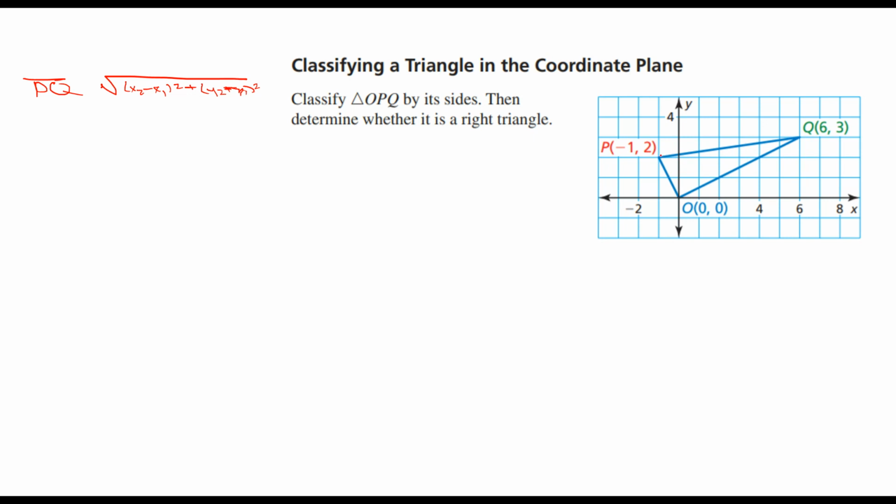You can compare the lengths just by making a right triangle on the outside of the side. So I'm drawing the right triangle right here between P and Q, and that's my right angle because it's on a grid line. And I notice that that is one square up and 1, 2, 3, 4, 5, 6, 7 squares over.